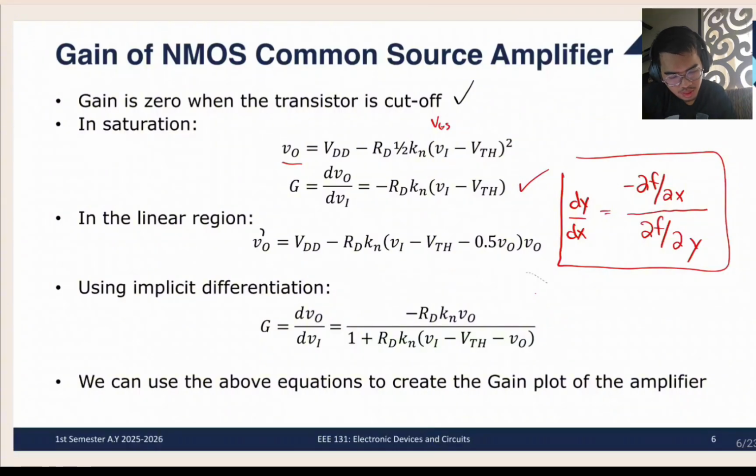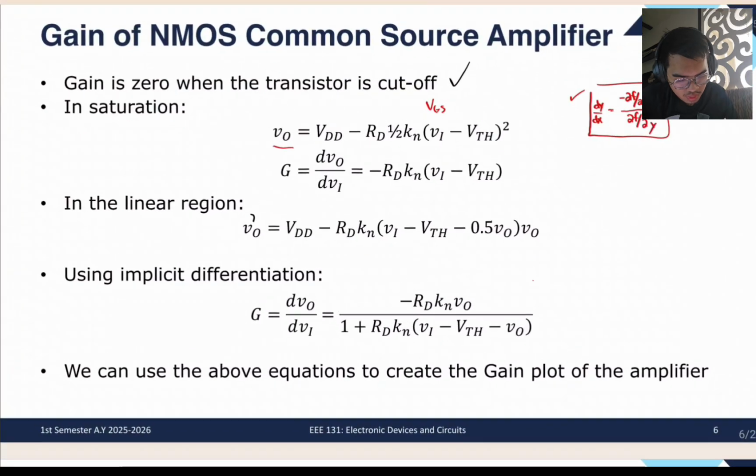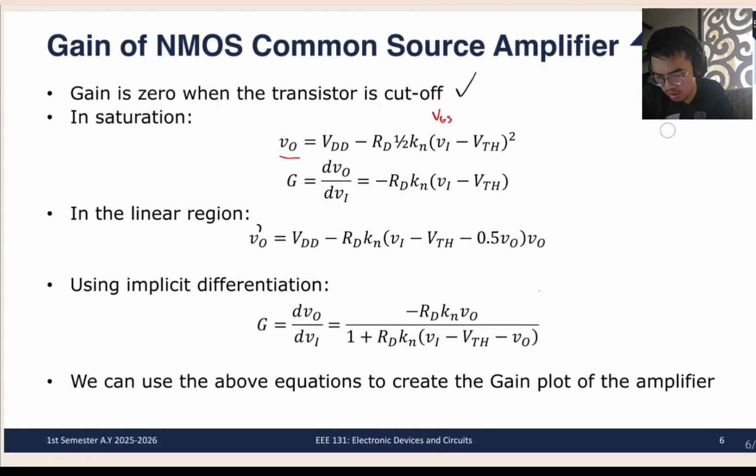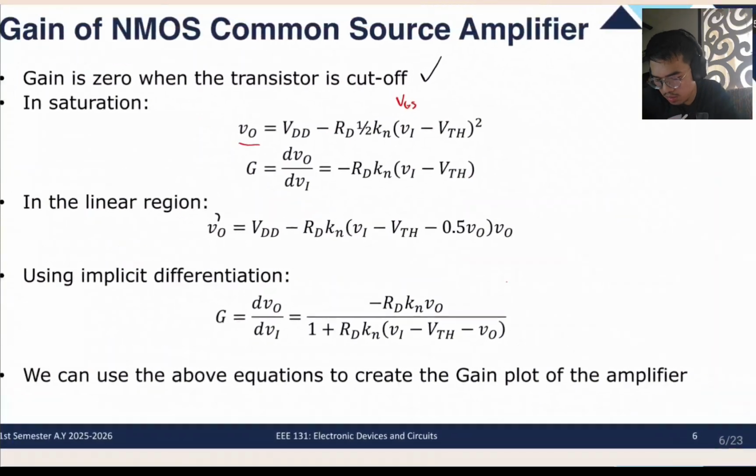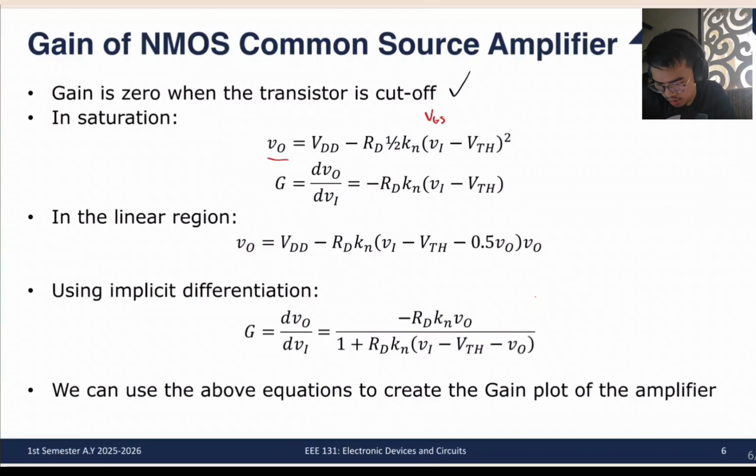Let's just erase it. Just remember that that is the equation. So in this case, our y is v out, our x is v in.